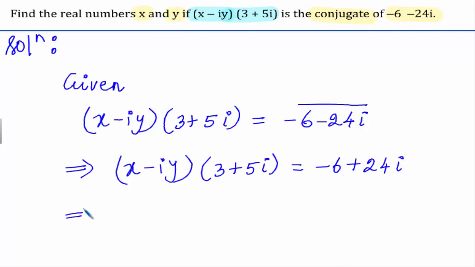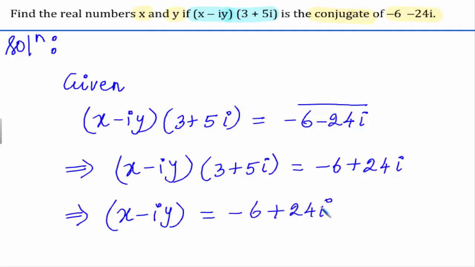Since we need to find the real numbers x and y, let us keep x minus iy on the left hand side and transpose 3 plus 5i to the right hand side. So we get x minus iy is equal to (minus 6 plus 24i) divided by (3 plus 5i).